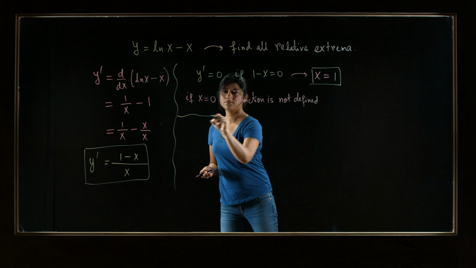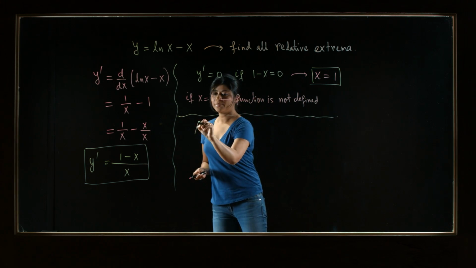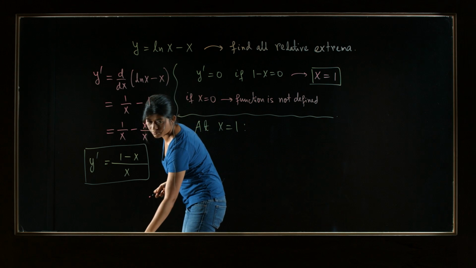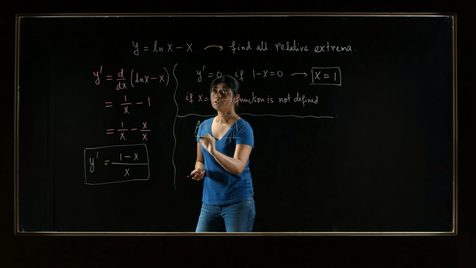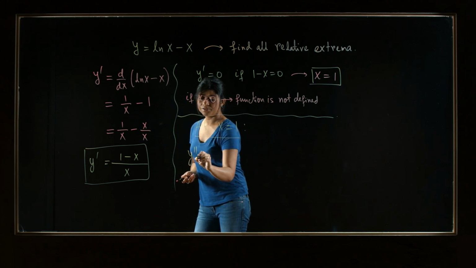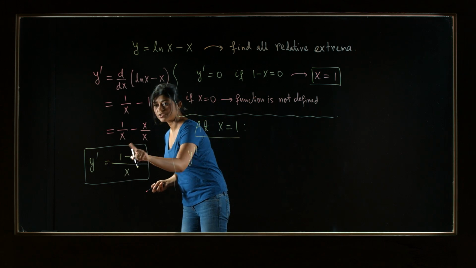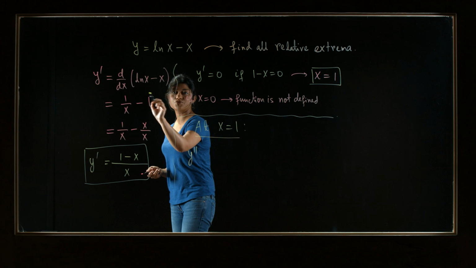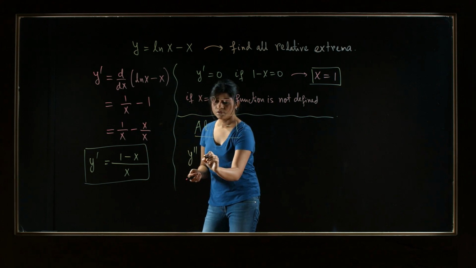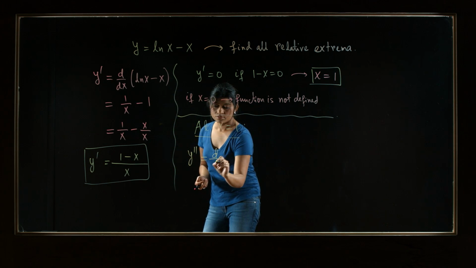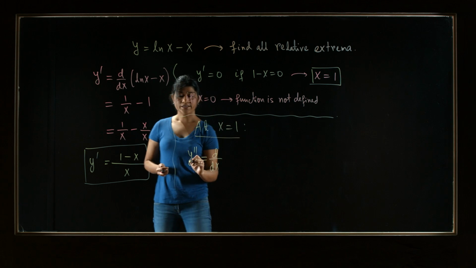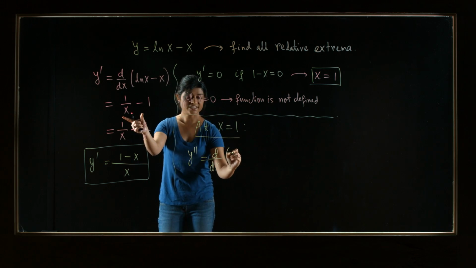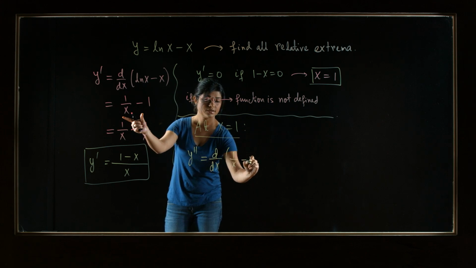So let's see what happens at x equals 1. Let's figure out the second derivative of this function. First derivative is right here, or we can actually use a simpler expression for the first derivative instead of this one. So let's say y double prime is the derivative of this expression here, 1 over x minus 1.